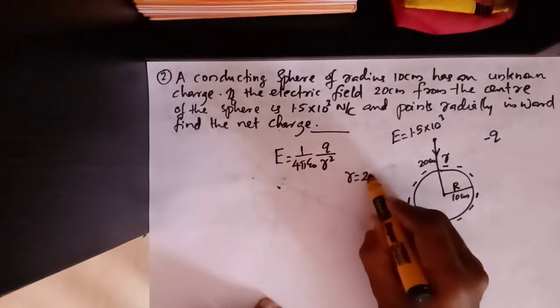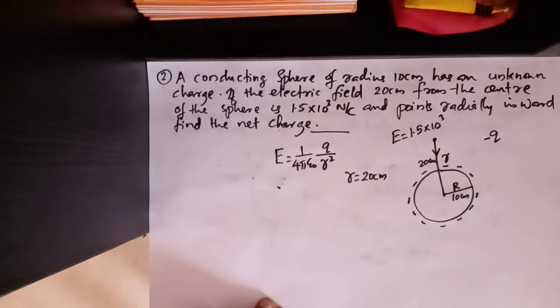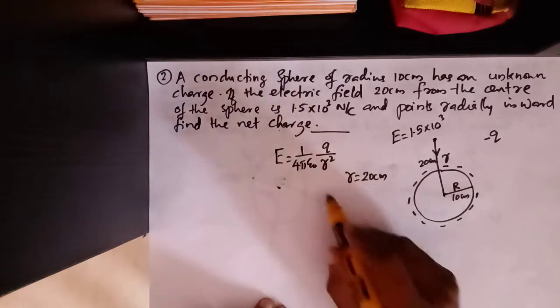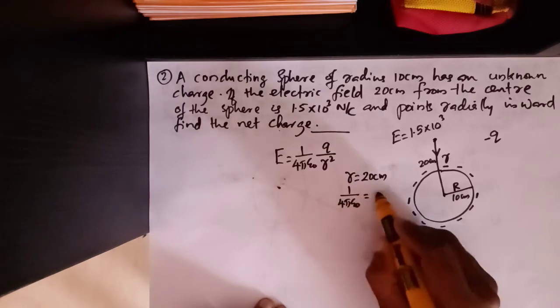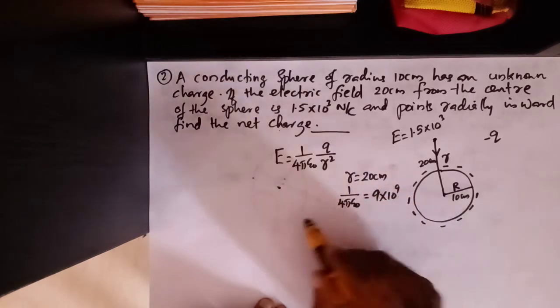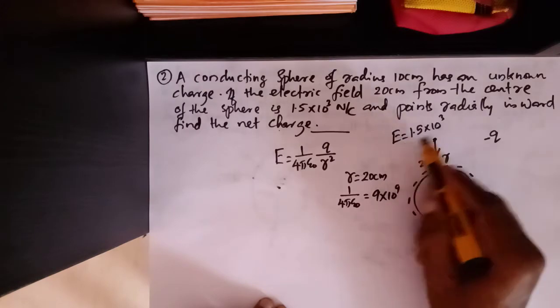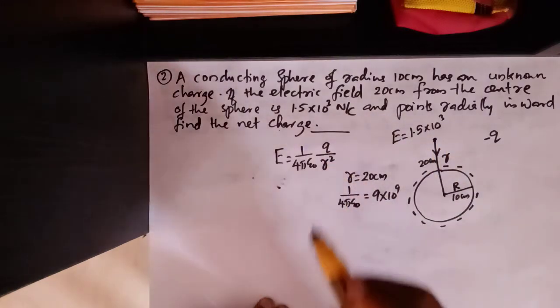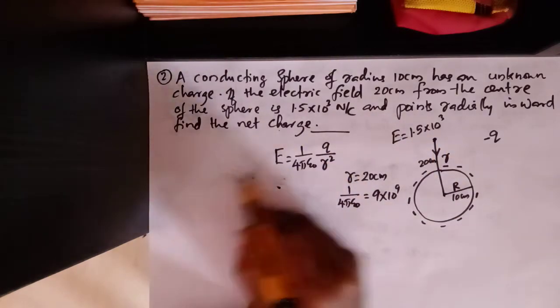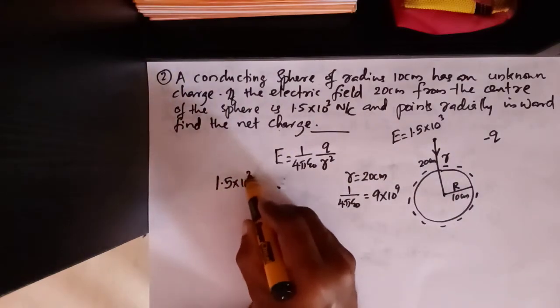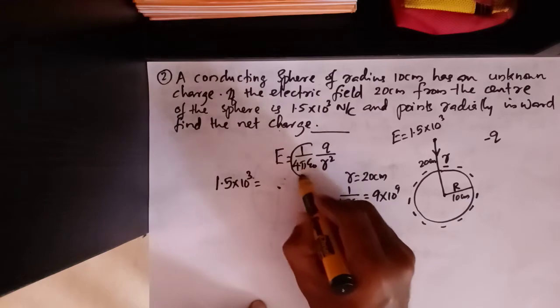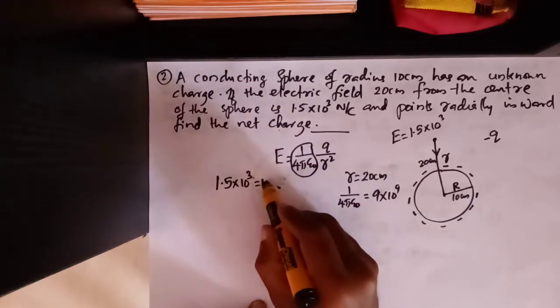Small r is equal to 20 centimeters. Now we need to find the charge. What is 1 by 4 pi epsilon 0? It has a value of 9 into 10 raised to 9. The electric field is already given as 1.5 into 10 raised to 3. We need to find Q. So we'll substitute E. E is equal to 1.5 into 10 raised to 3, is equal to 9 into 10 raised to 9.